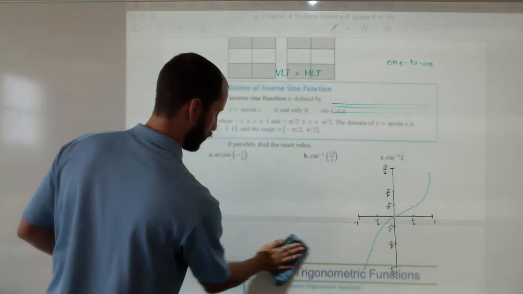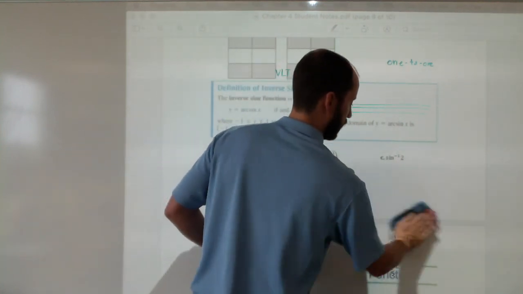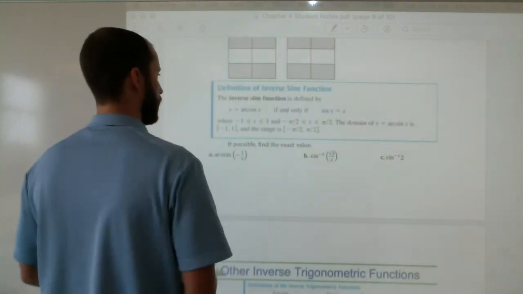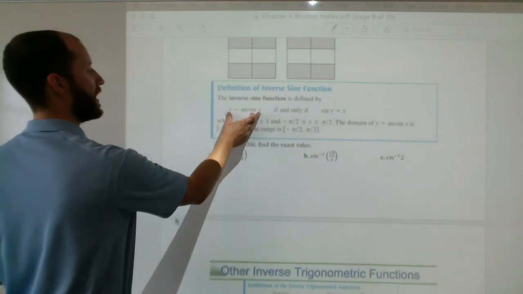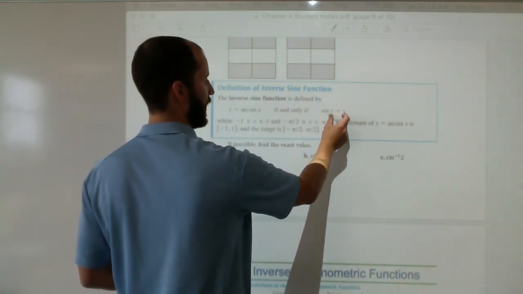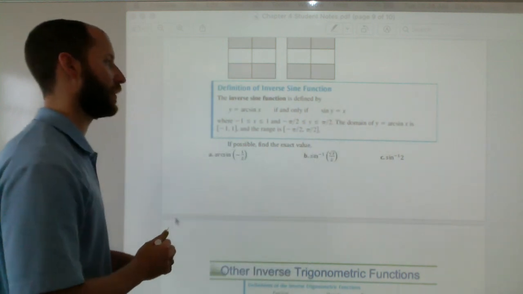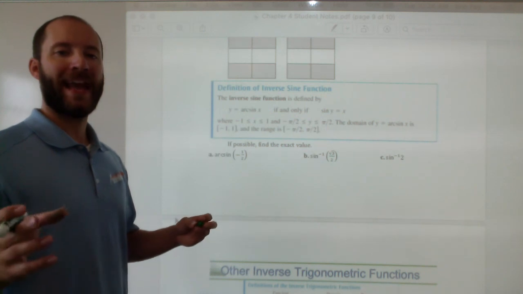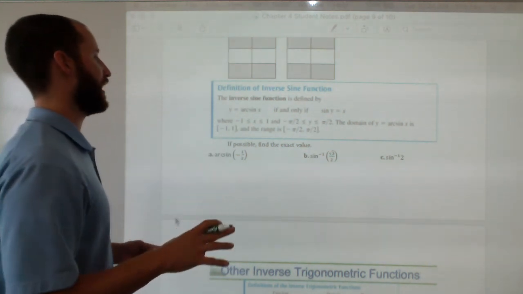Now if we look a little more down here at some properties that we want to focus on: y equals arc sine of x if and only if sine of y equals x. You've taken the x and y values and you've flipped them around. So we have to remember that we have some restricted values.